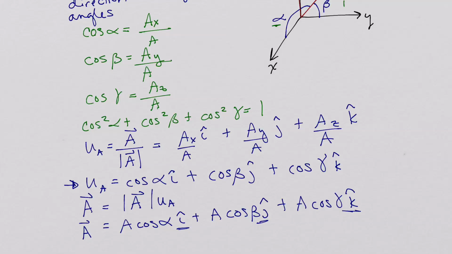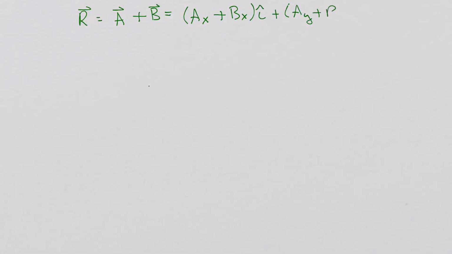So say you had a vector A and a vector B, you could just do the resultant vector. R equals A plus B, and that would be AX plus BX in the I direction plus AY plus BY in the J direction plus AZ plus BZ in the K direction. So that makes it pretty easy.